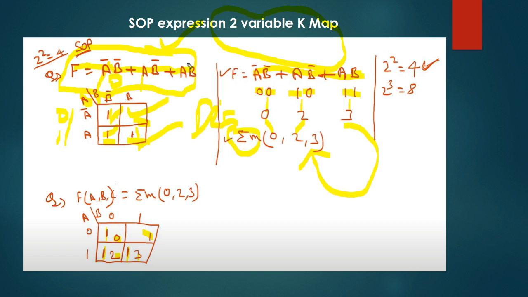Because we are only supposed to fill up cell number 0, cell number 2, and cell number 3, but from the given function it is evident that we are not supposed to fill cell number 1, because cell number 1 is nowhere written here. That's why there is no need to fill up cell number 1. We need to keep this cell vacant. That's why we haven't written anything in this cell. Is this understood?